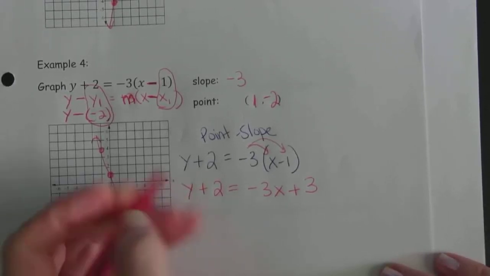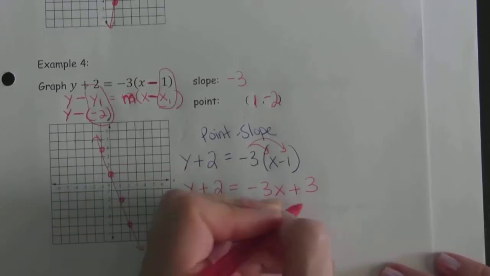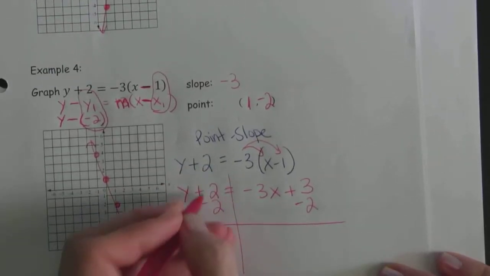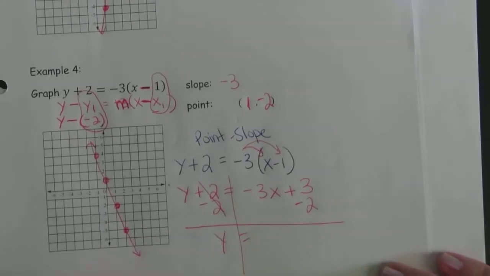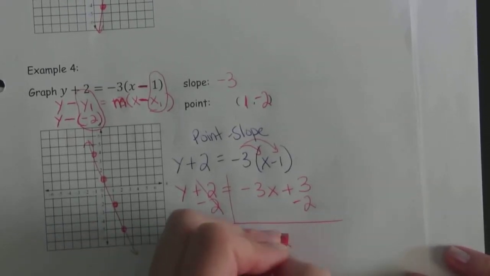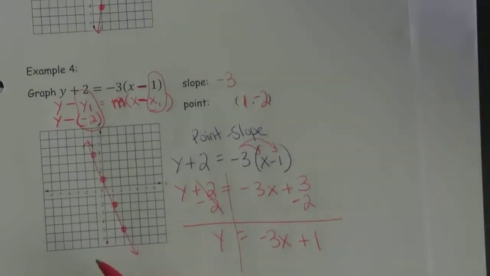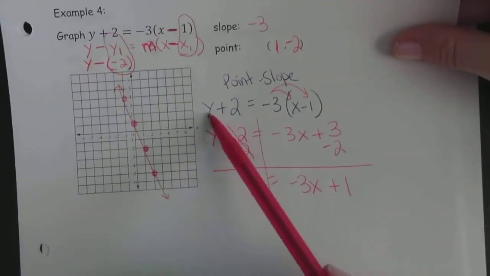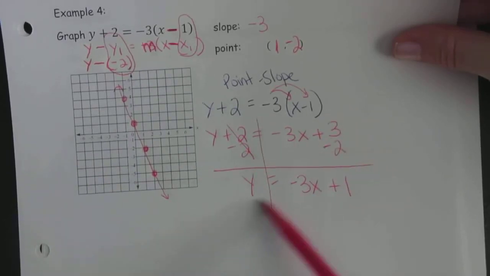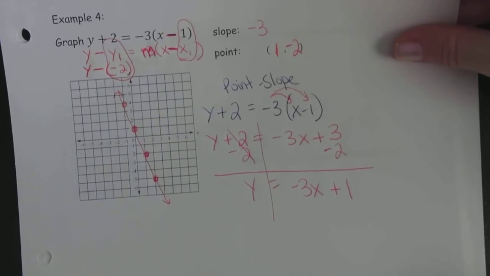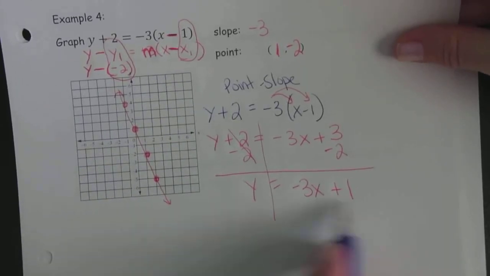Now, if I solve this equation for y, in other words, get y alone, I would subtract 2 from both sides. And that would give me y equals negative 3x plus 1, because 3 minus 2 is 1. Notice I went from point slope to slope intercept. y equals mx plus b.